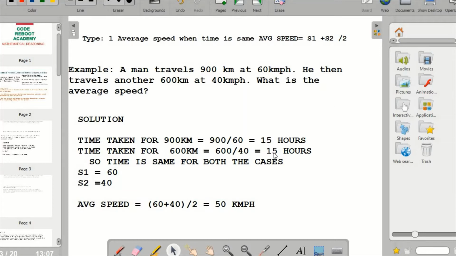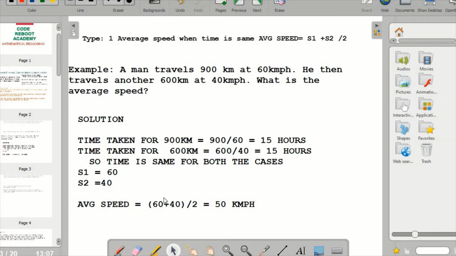So the time of travel for the two journeys is same, and we don't have to consider it. We calculate the average speed. The formula for average speed is S1 plus S2 by 2. Okay. This is the formula. This is a very important type of question you'll get in your examination.